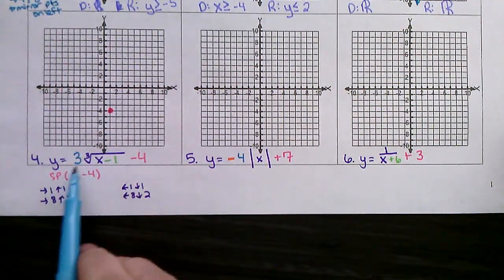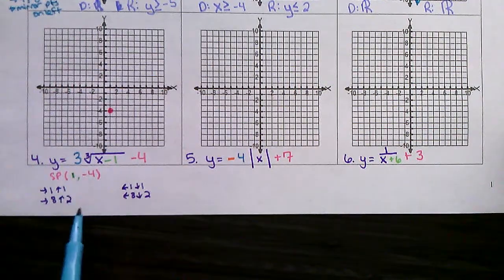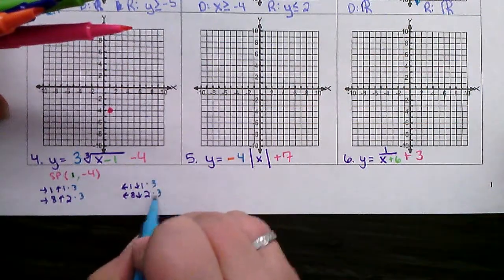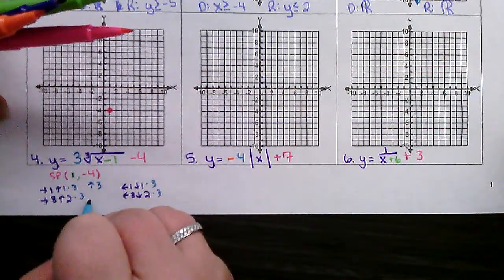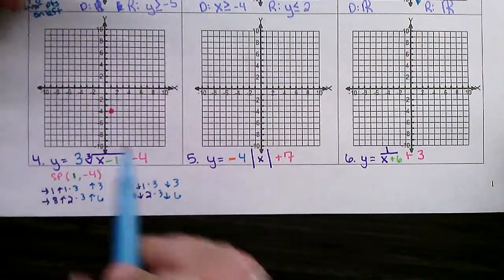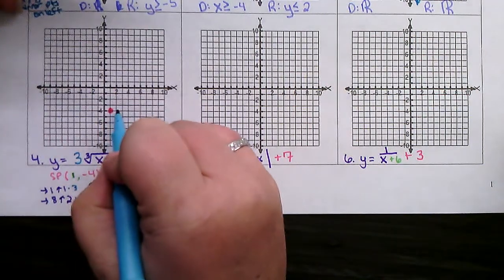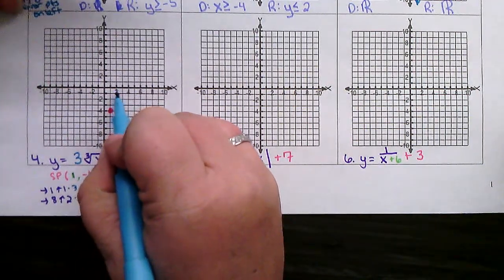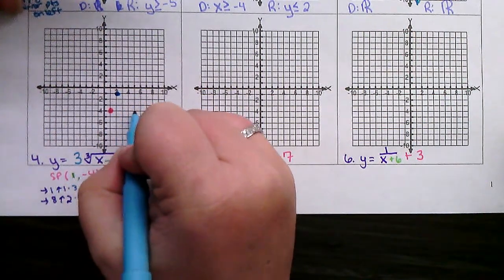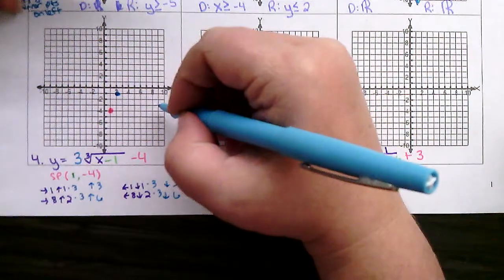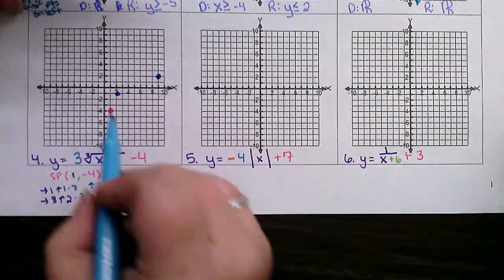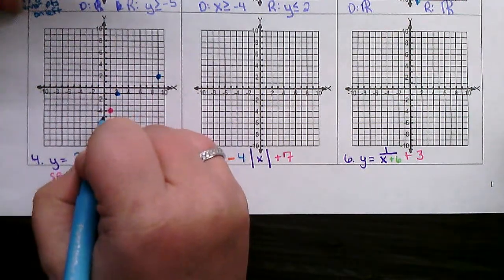Yes. Anything that's out in front of our parent function messes with this growing pattern. So I'm going to multiply all of these by 3. So I'm actually going to go up 3 and 6 and down 3 and 6. So from my starting point, right 1, up 1, 2, 3, and then right 8, up 6, and then same thing down and left.